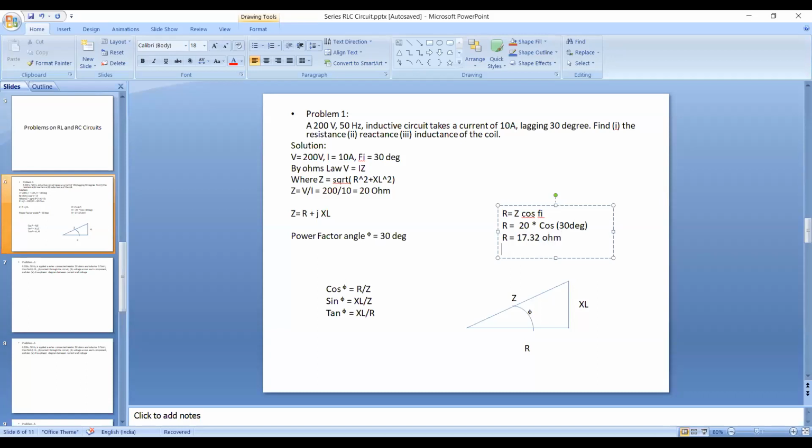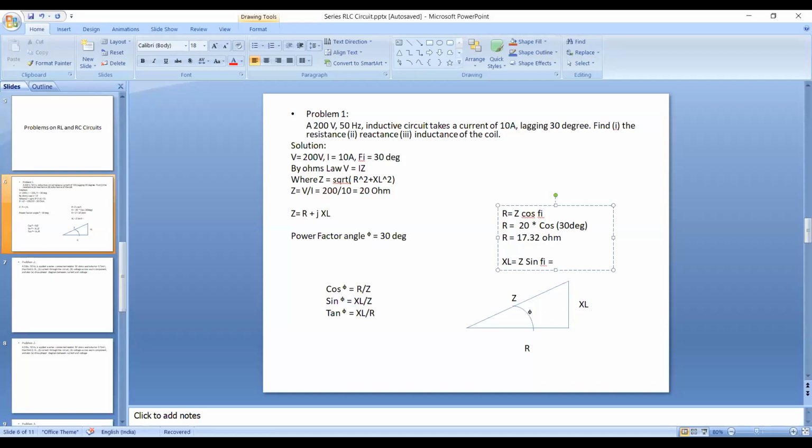Once you are done with the calculation of R, you can find XL. There are various ways to determine XL. You know Z is equal to under root R square plus XL square. So XL is equal to under root Z square minus R square, or you can use this formula: XL is equal to Z into sine phi.